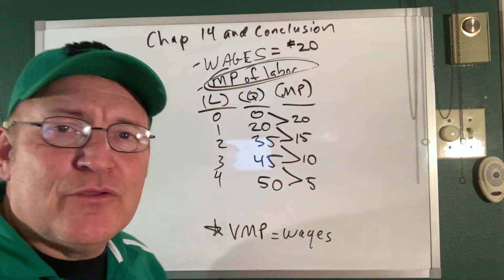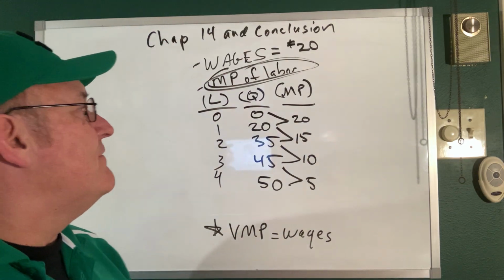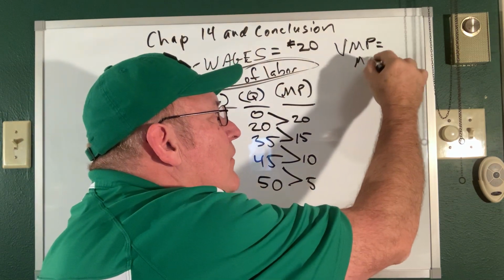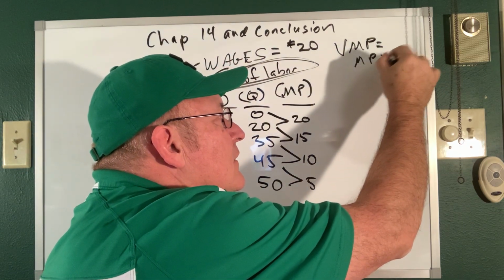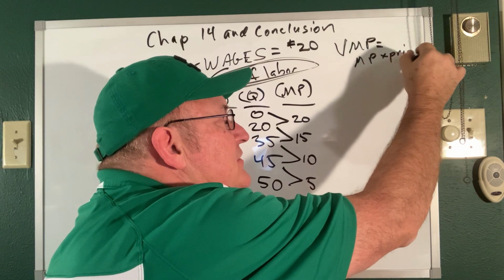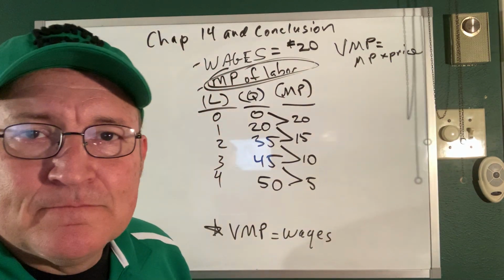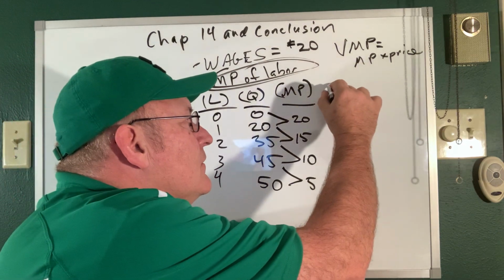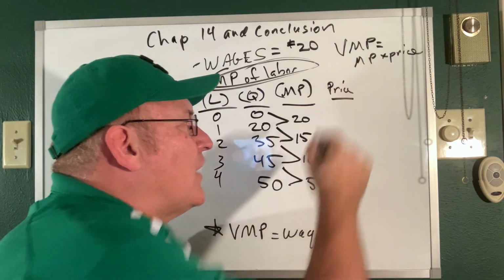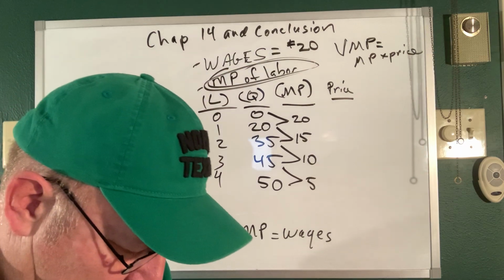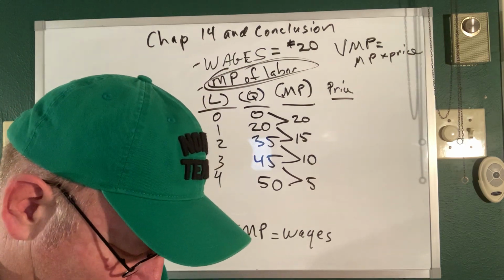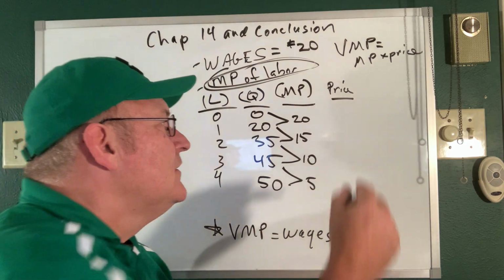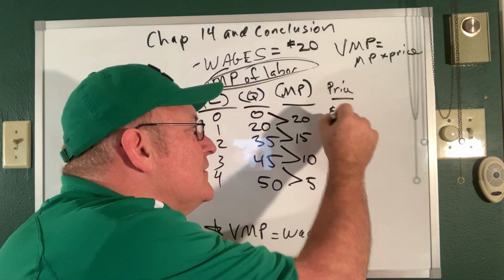Now, what is the value of marginal product? The value of marginal product is simply my marginal product times the price of my output. So I'm going to make a ridiculous price and say that the price to get your pool cleaned is $3.